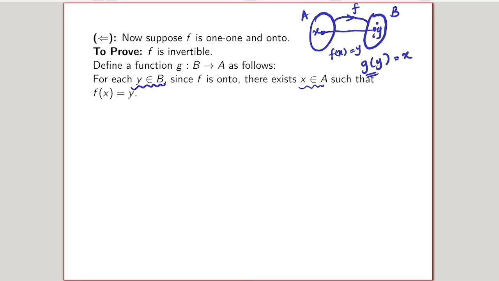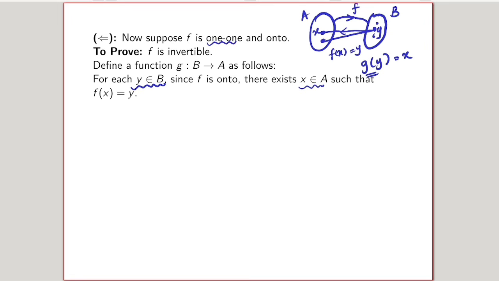And also note that it is not possible to define two elements under the map G, because if we find the pre-image of Y under F, only one pre-image will be there because the function is 1, 1. We cannot have two pre-images.